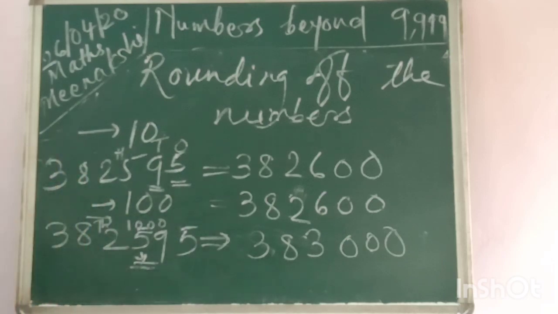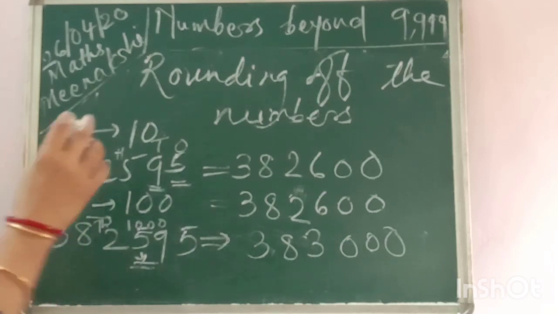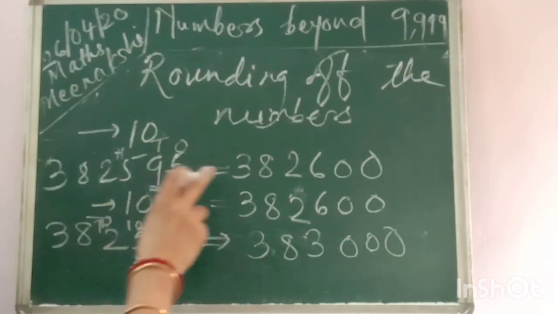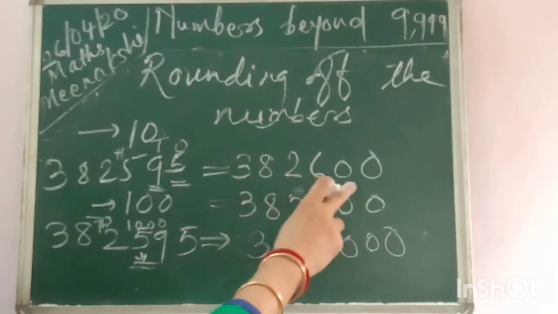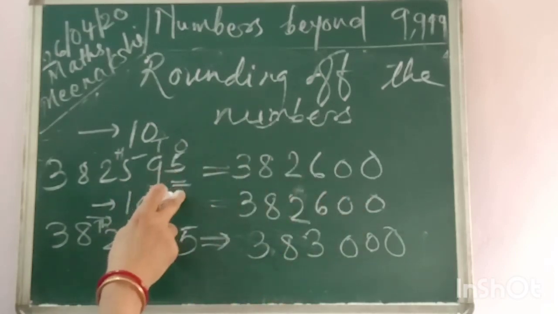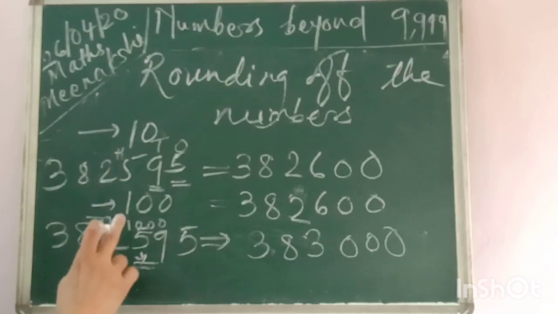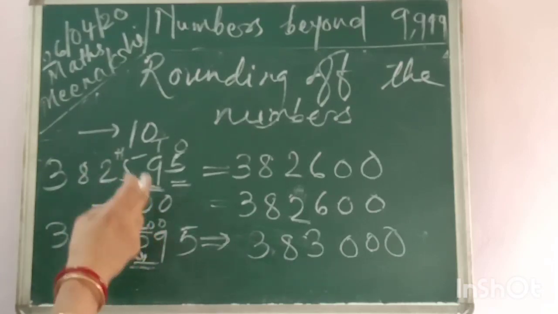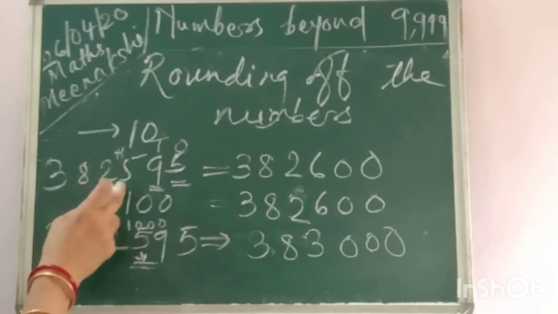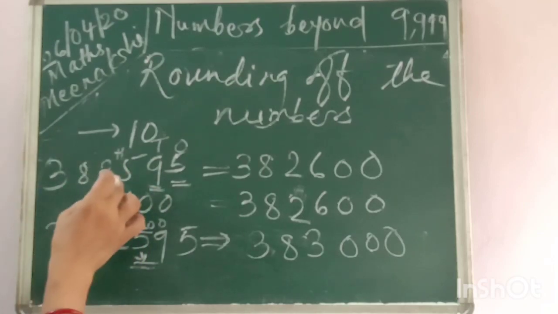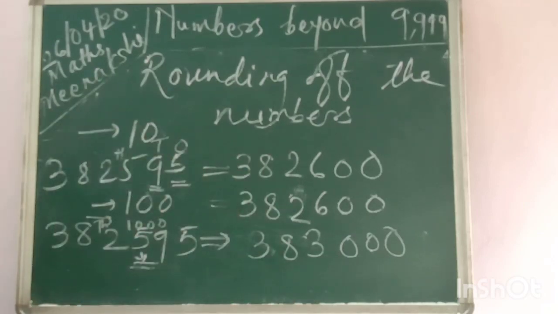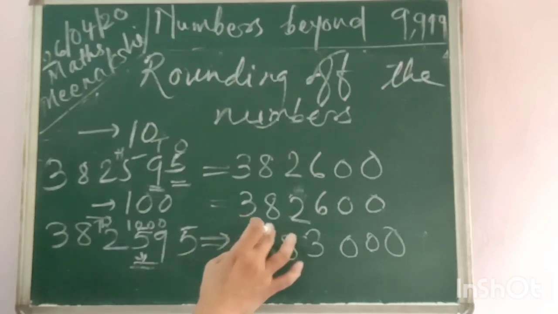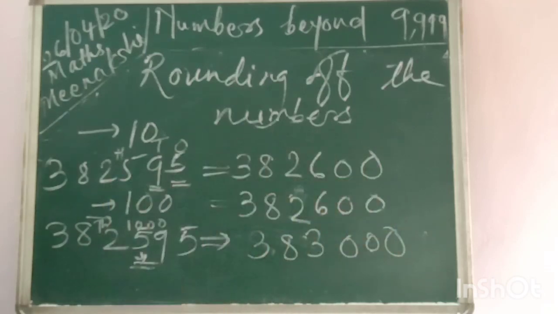So the same number when you are rounding off to the nearest 10 will be 3,82,600, because here is 5. When you round to the nearest 100, you check the digit at the tens place, the hundreds digit will increase to the next, and hence you will get 382,600.